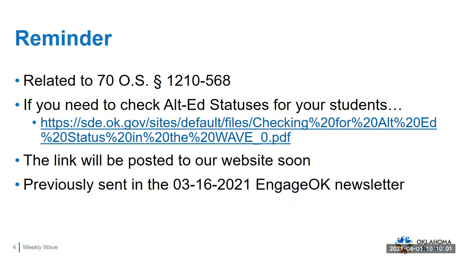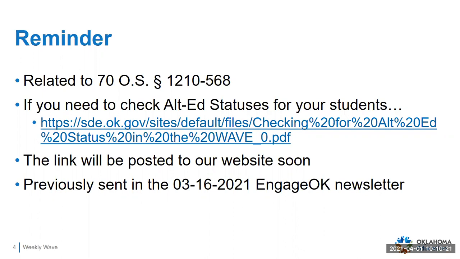All right, well, this is one of the last reminders that I have for you all today. And it is related to alt ed students. There has been a change in the Title 70 statute that you can see on your screen.